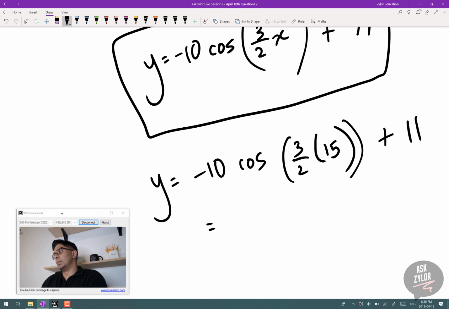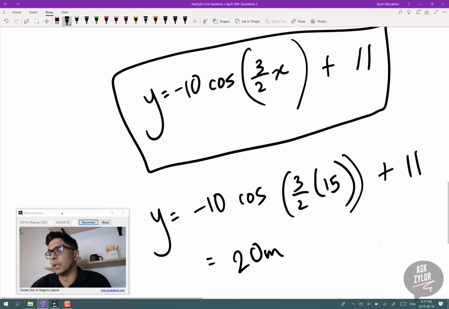So this ends up being negative 20. Okay, sorry, it should be positive 20. So it's going to be positive 20 meters above the ground.